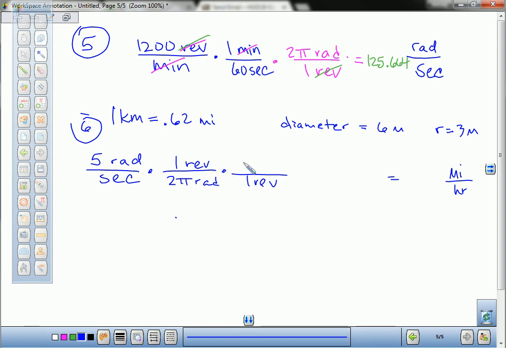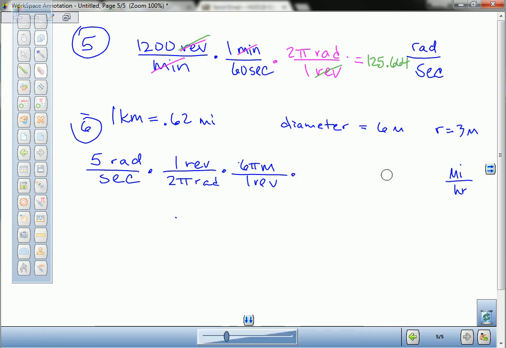So 6 pi meters is equal to 2 pi radians.